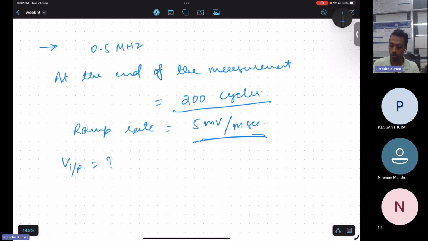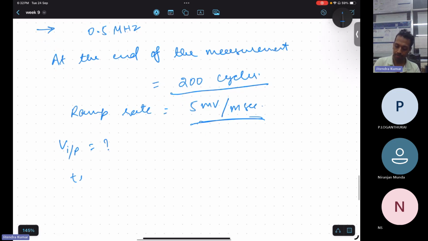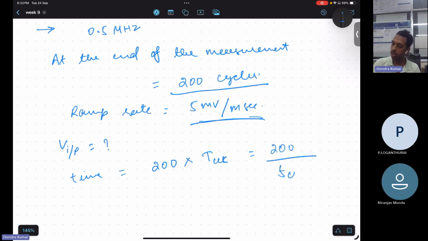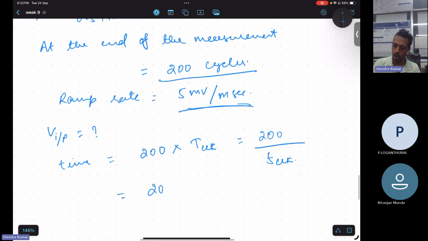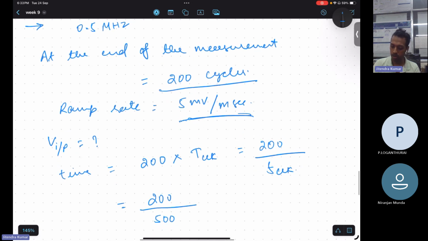The time taken by 200 cycles will be 200 into the time period, which is 200 divided by the clock frequency. The clock frequency is 0.5 megahertz, which is 500 kilohertz.